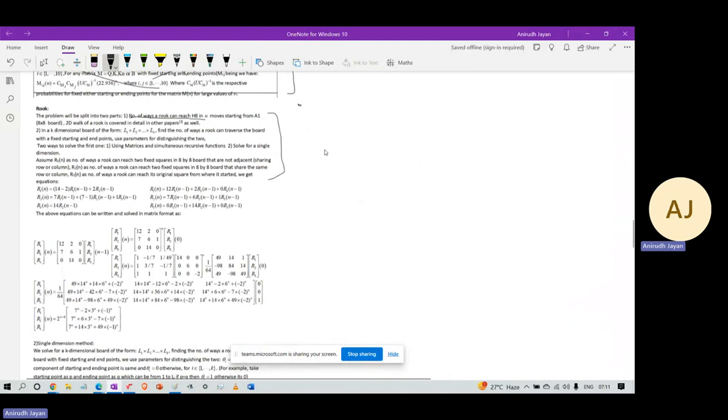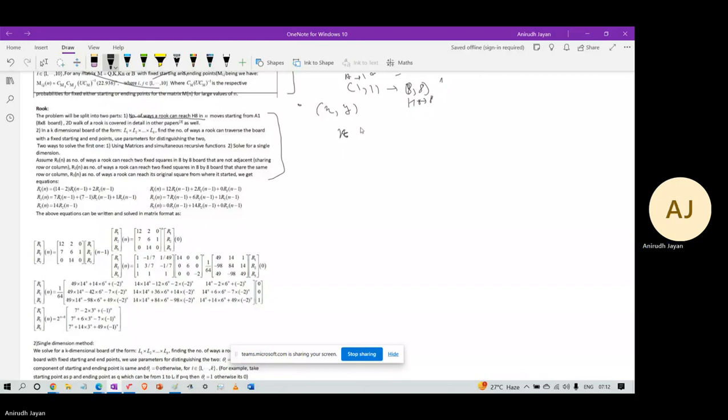Now let us use coordinates. Let's say 1,1 to 8,8 is your chessboard. A1, this being your alphabet and this being your number. A represents 1 and H represents 8. Now, you have the coordinate x, y.